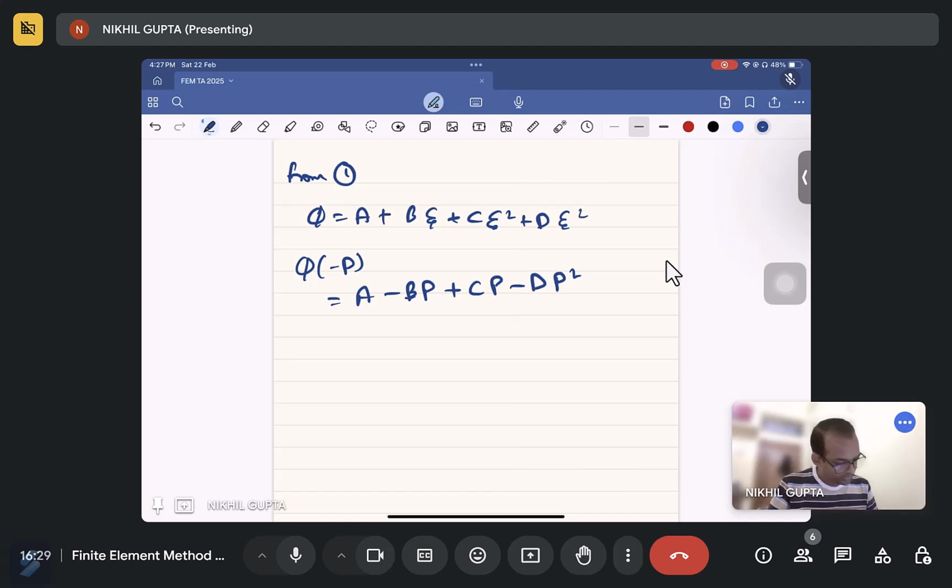Now, minus b a plus c p square, b is equal to t is equal to 0. A plus c p square.